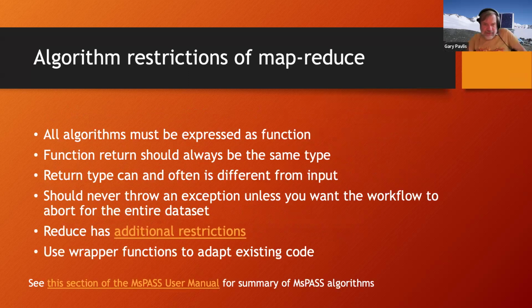There are some weird restrictions to work in this paradigm, most of which are not really a very big deal. But for map, most of what we do is map all the algorithms in MsPASS, and if you write your own made up of other functions, you have to write it in terms of a function, meaning it's something that has a data input as arg0.